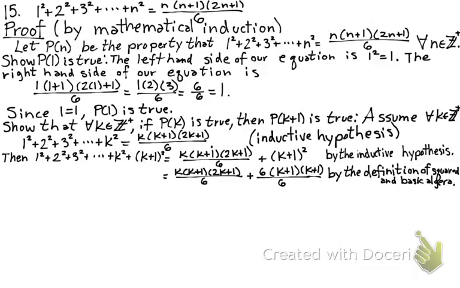Okay. And now we can join them together as one fraction, albeit a long one. Plus 6 times k plus 1 times k plus 1.